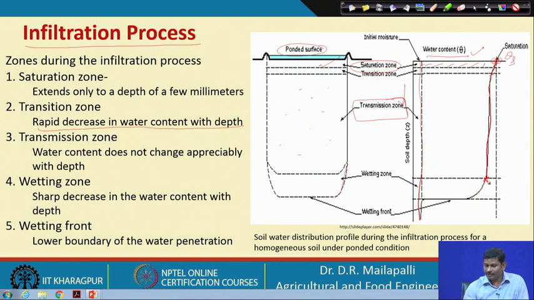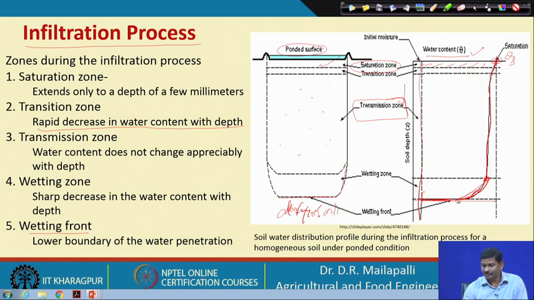In between the wetting zone and the wetting front, this is the wetting front. After that it is all dry soil, or soil with the initial moisture content. Here you can clearly see a decrease in soil moisture that connects to your initial moisture content.